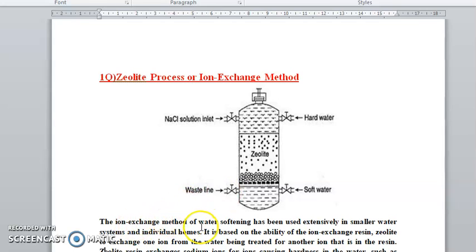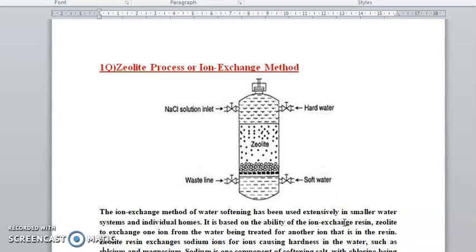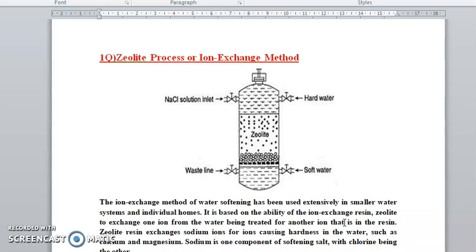The ion exchange method of water softening has been used extensively in small water systems and individual homes.